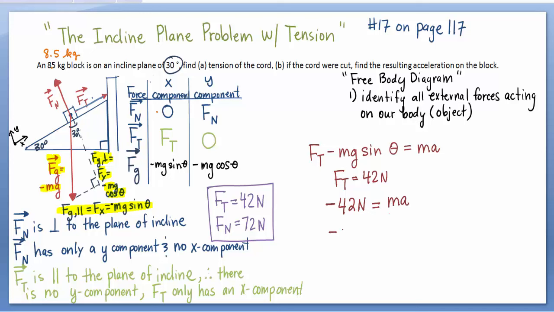Then I could say negative 42 newtons equals 8.5 kilograms times the acceleration, and then I could divide both sides by 8.5 kilograms.